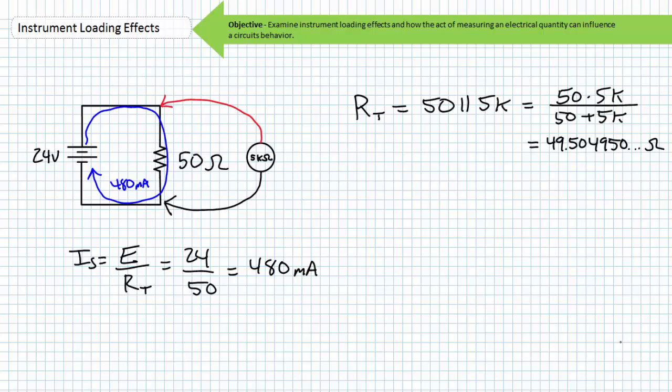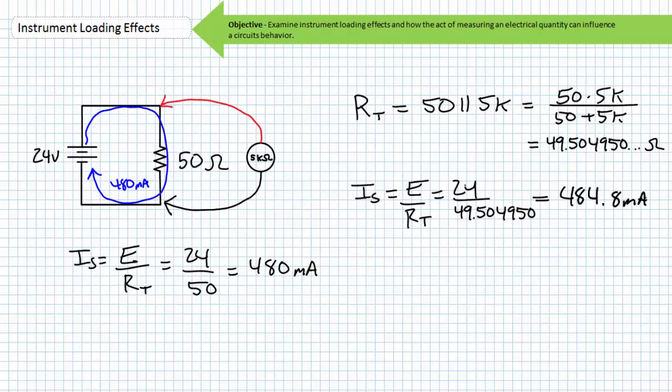Is this different than 50 ohms? Essentially no. Ohm's law states that the source would provide approximately 484.8 milliamperes of current, 480 milliamperes of which traveled through the intended 50 ohm path, and 4.8 milliamperes of which traveled through an unintended path. Is this worthy of consideration?